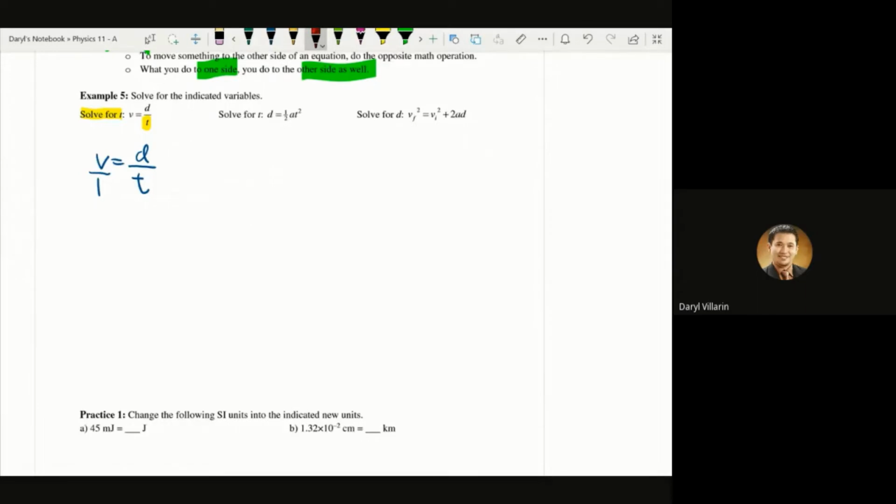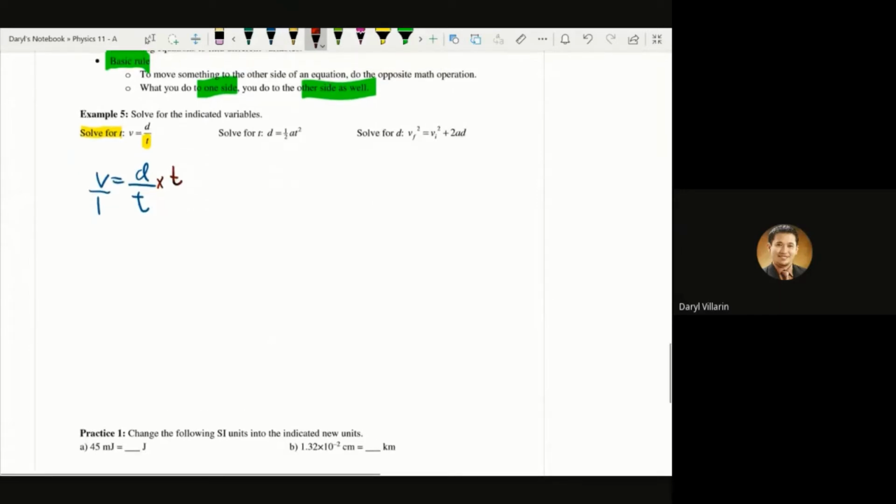So that means that t should be taken from the bottom. What I'm going to do is multiply by t. So multiplying by t, remember, I can cancel out this variable here. But remember that canceling out doesn't mean that it's gone. The value there is equal to 1, because any number divided by the same number will give you 1.